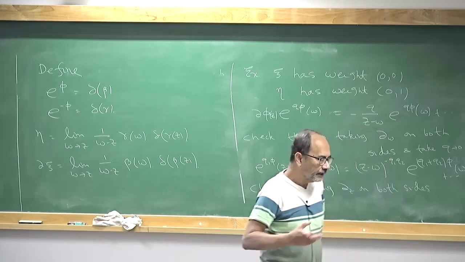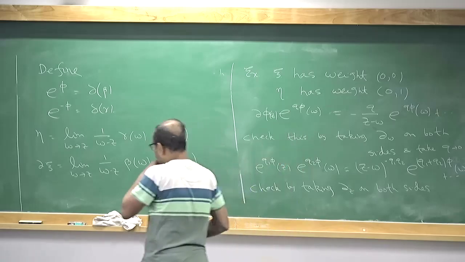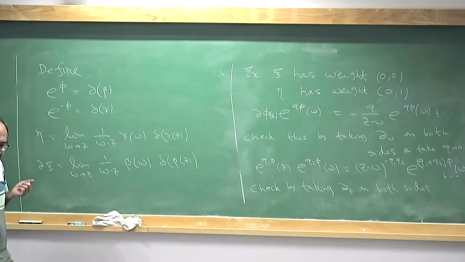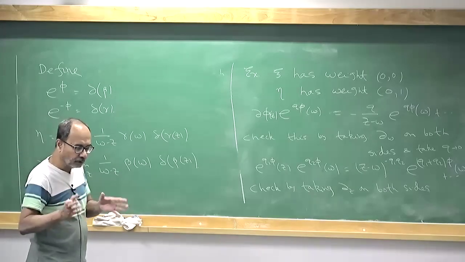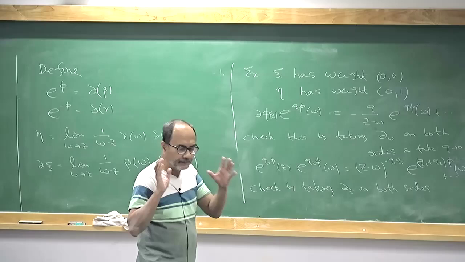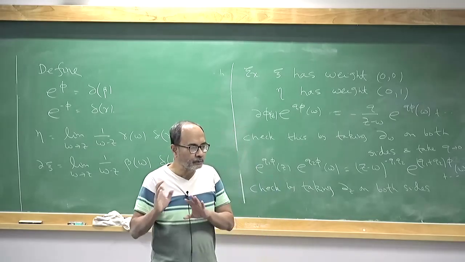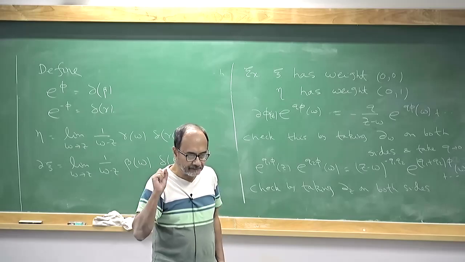Okay. Now, the non-trivial part, as I said, is that this provides a definition of eta and del xi, but not xi itself. So this suggests that when you want to translate operators from the beta gamma system to the xi eta phi system, you should not include any operator where xi doesn't have a derivative.